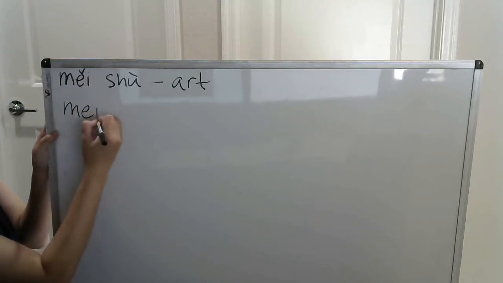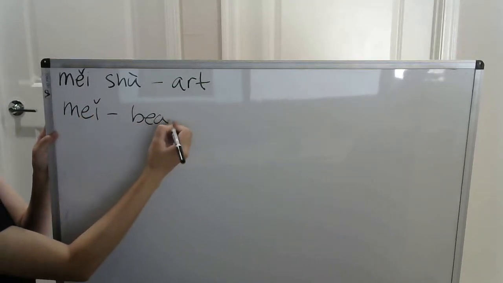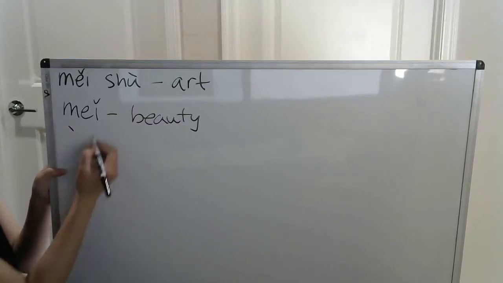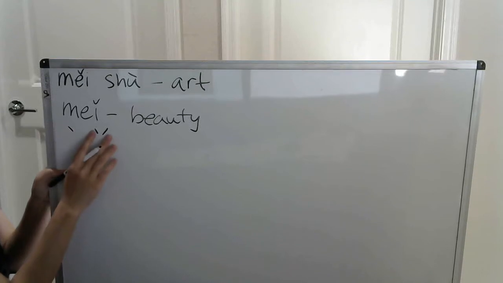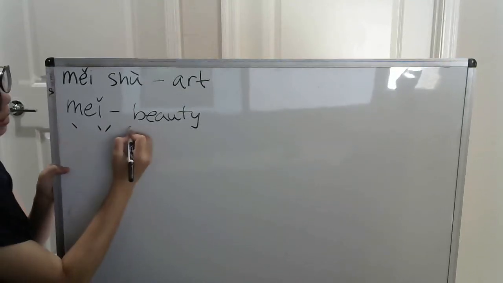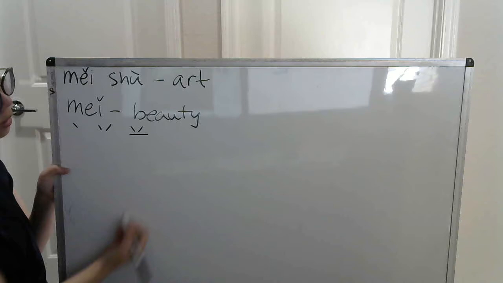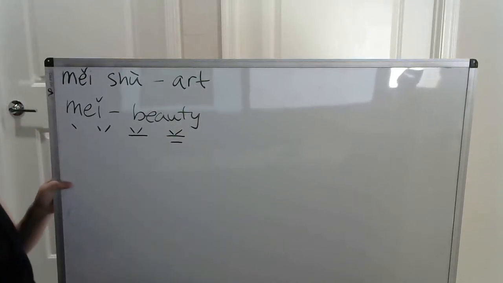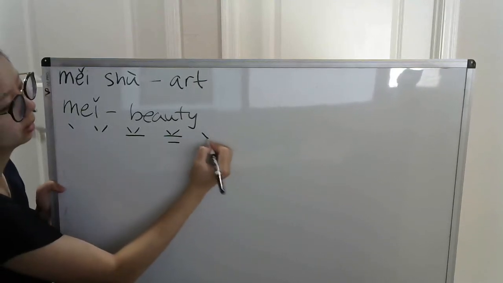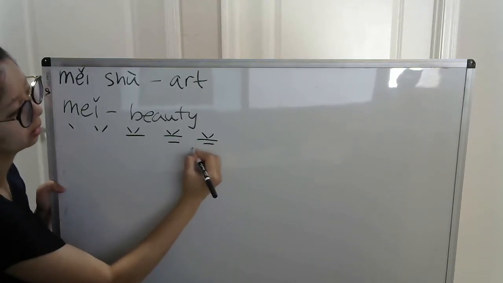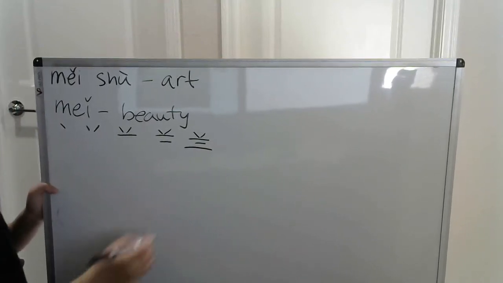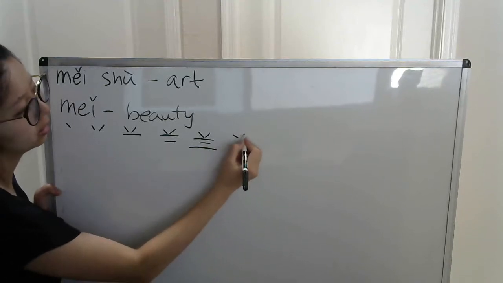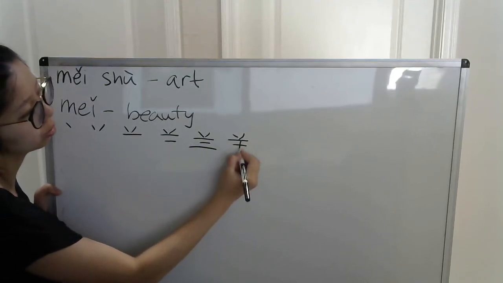Okay, 美, and again, this can by itself mean beauty. And we're going to start with a 点. 点, another 点, make sure they're both pointing inward. 点, and then a 横 underneath. 点, 横, 横. Make sure the middle one is the shortest, the bottom one is the longest. Okay, 点, 横, 竖, 横.